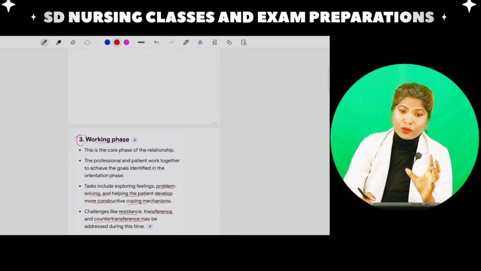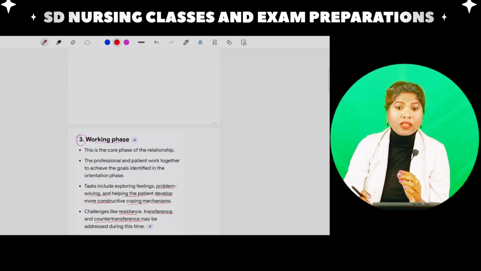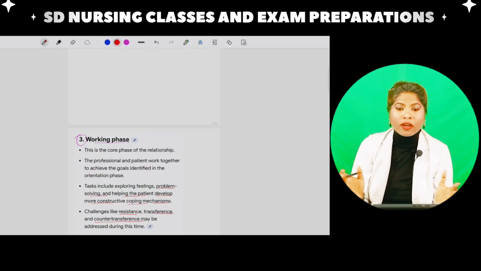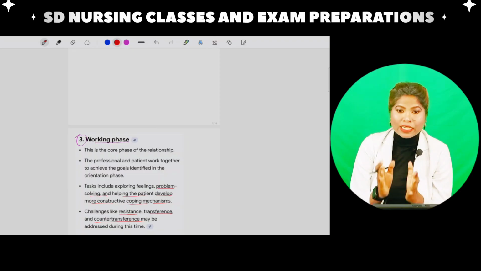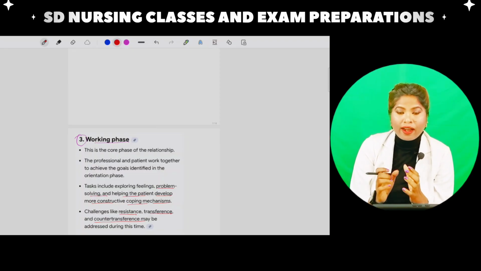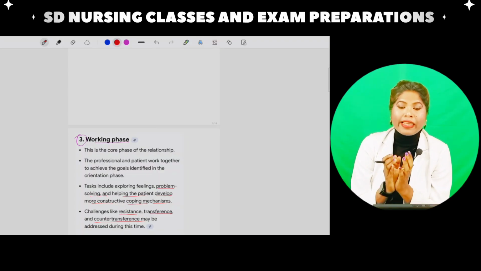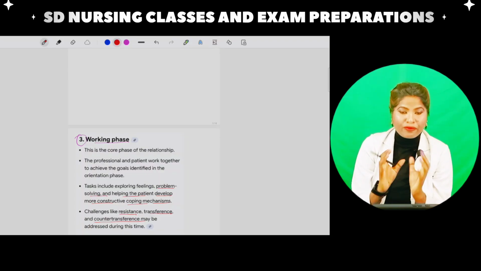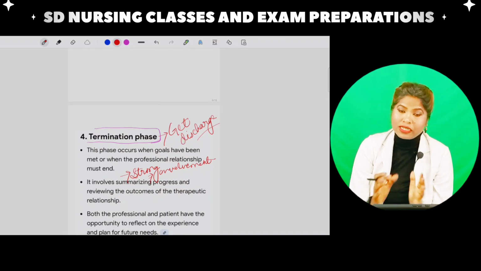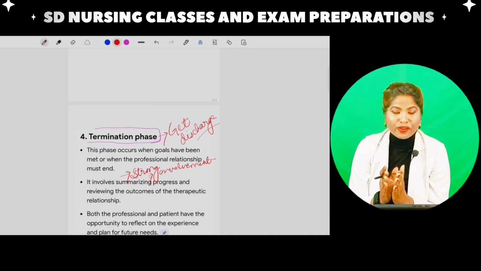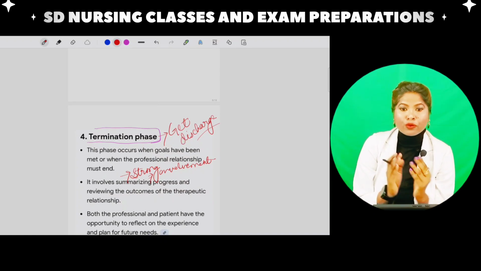And third is what? That is the working phase. That is the very important phase, which will be much longer, where the patient and nurse relationship will be built strongly, as well as the nurse makes the patient very productive and helps him cope with everything. And fourth is the termination phase, that is the last phase where the patient will go to his home.